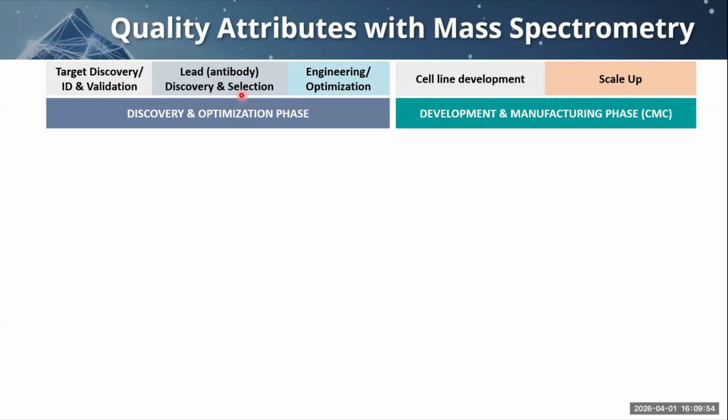This is followed by the lead discovery and selection phase, where you generate a large pool of potential antibodies against your validated target, and systematically narrow down a few leads with the best therapeutic potential. When you have found that molecule or molecules, you may need to modify its structure for maximum therapeutic effect. And all of this falls under the discovery and optimization phase.